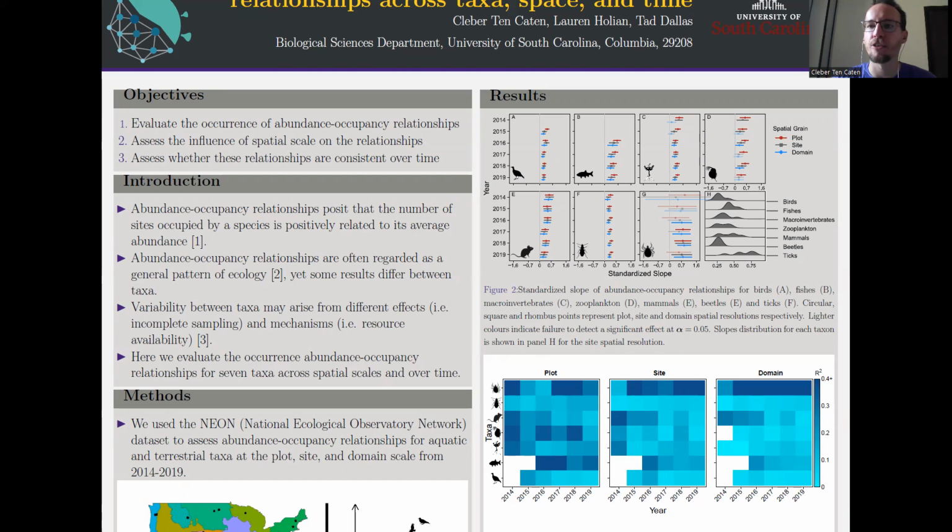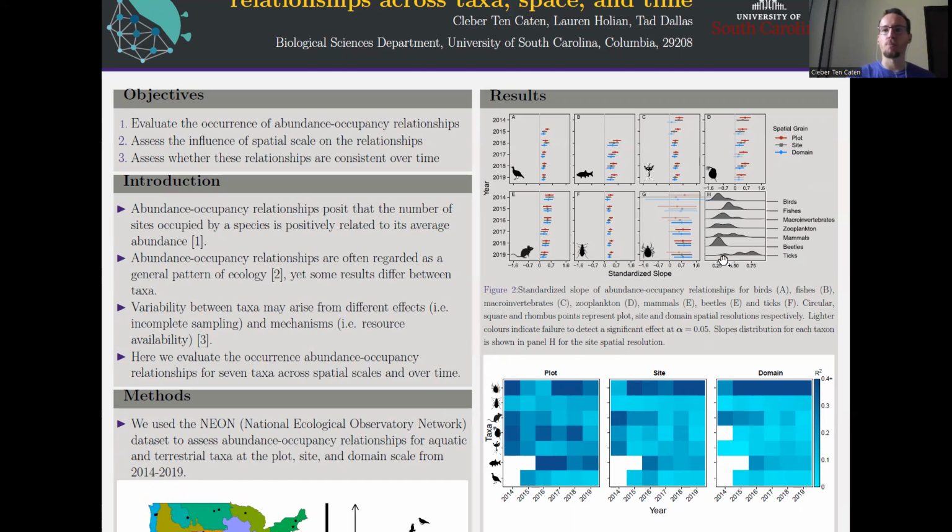We observed that for all the taxa that we considered in our study. Only ticks, shown here in the G panel, had significant relationships, and only in the last three years that we considered: 2017, 2018, and 2019.